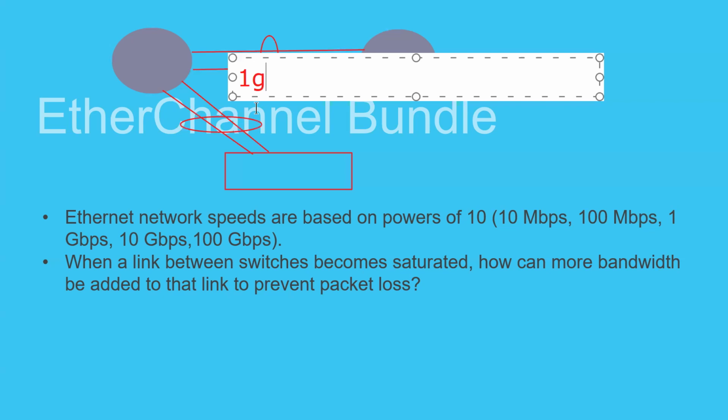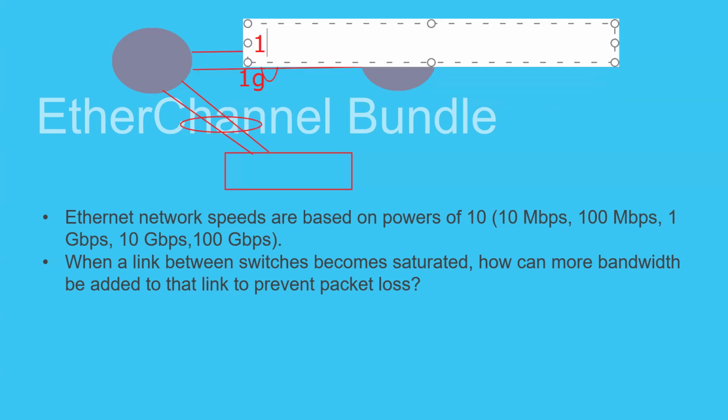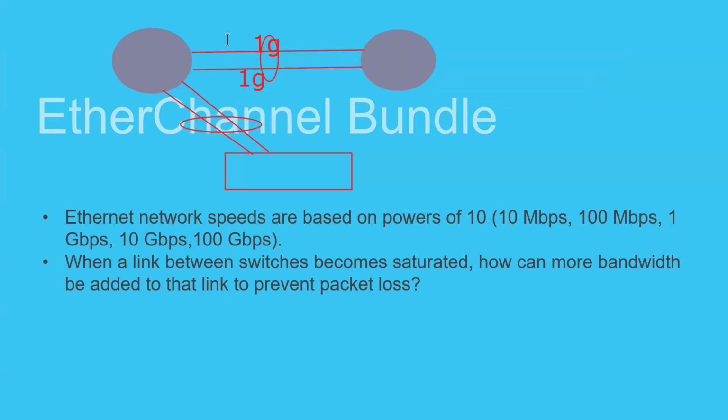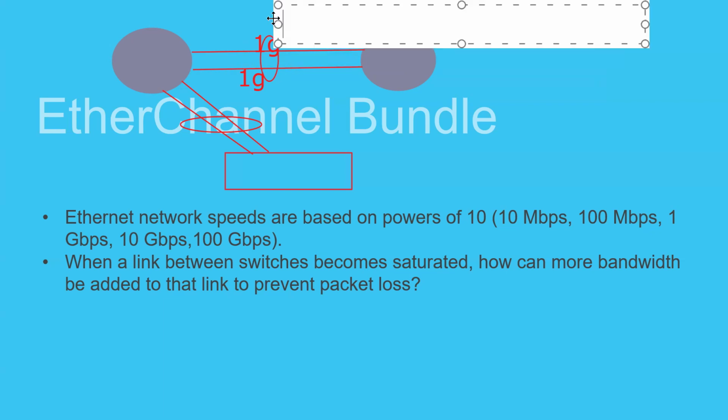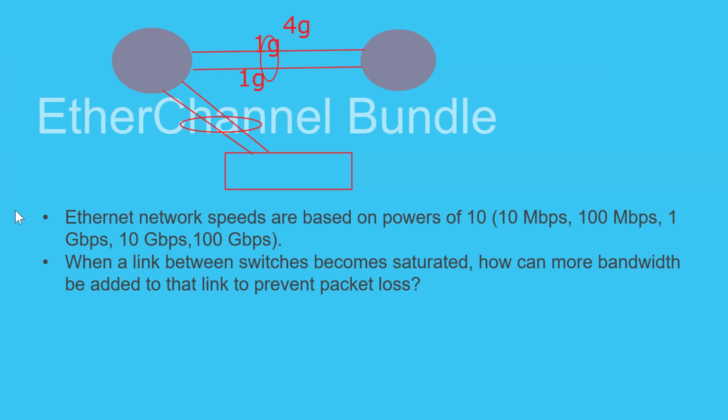You have to bundle these interfaces. There is no other option. Tomorrow, if I have a 4 gig overall requirement, then we have to bundle the 4 interfaces. Then only it will become the 4 gig.